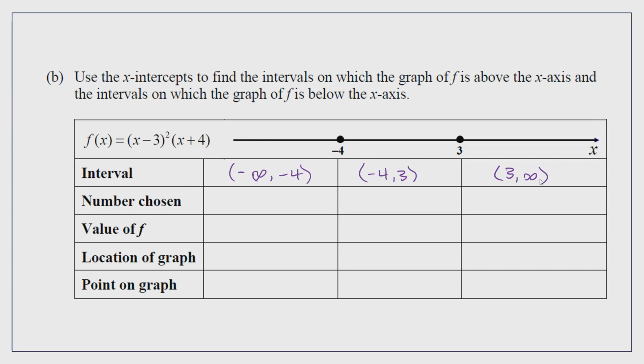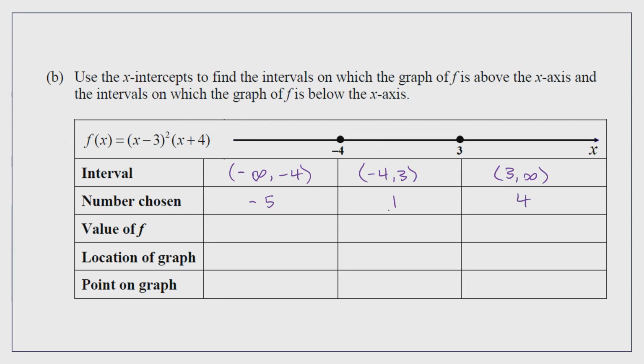To determine the behavior of f of x, we are going to choose a number in each interval and evaluate the function f of x at that number. For my first interval, I'm going to choose -5. For my second interval, I'll choose 1, and for my third interval, I'll choose 4.